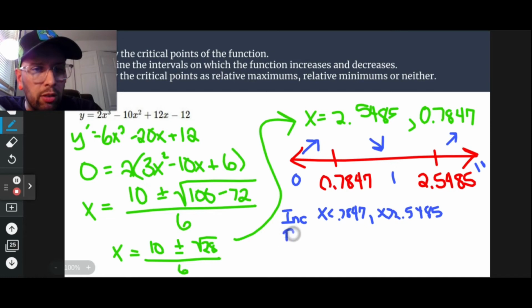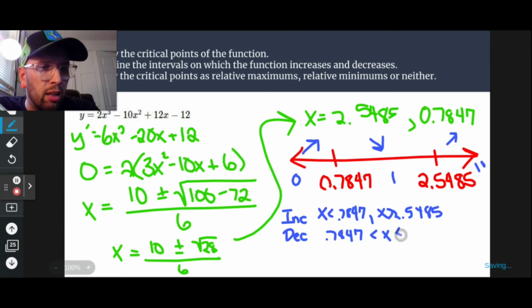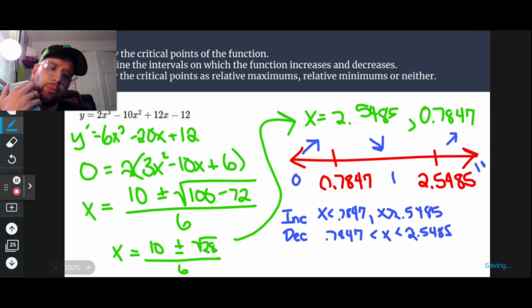It decreases in between those two numbers, so 0.7847 is less than x, which is less than 2.5485. Not fun at all.